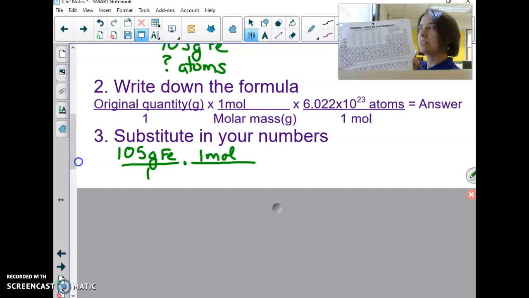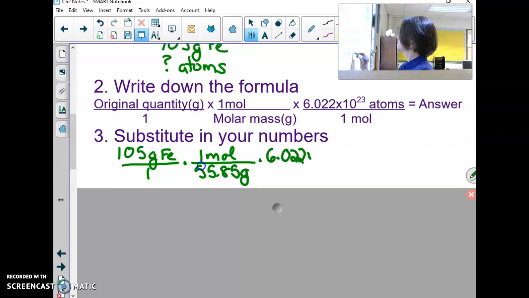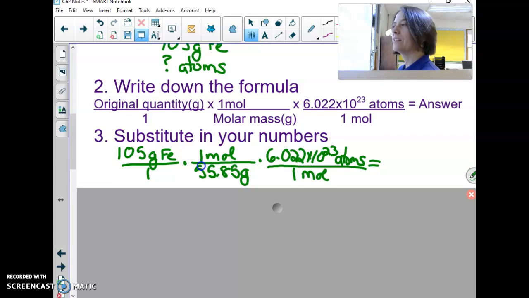Find your handy-dandy periodic table and find iron, Fe. When we find the molar mass of iron, we know that it is 55.845, which rounds to the nearest hundredth to 55.85 grams. And then we need to multiply that by Avogadro's number, 6.022 times 10 to the 23rd atoms over 1 mole. And that's going to give me my answer.